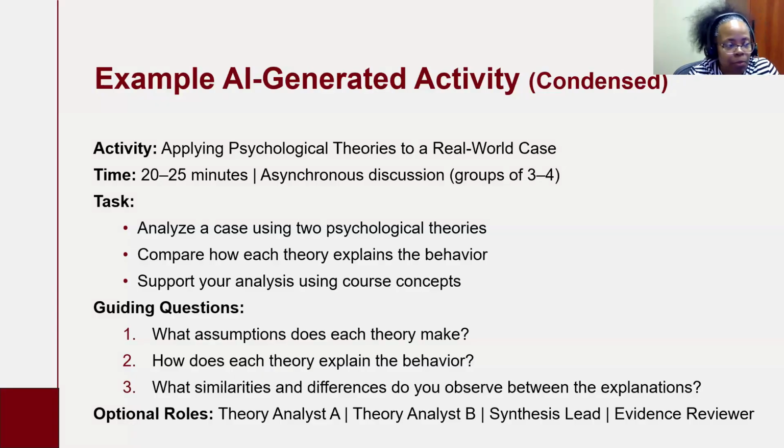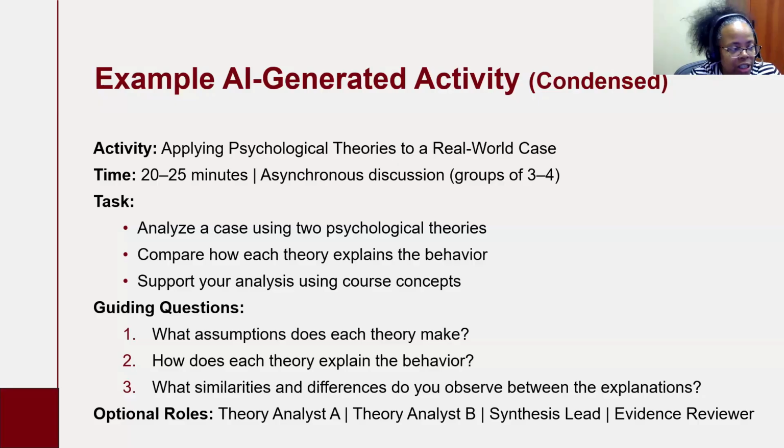So here's an example of what the AI might generate from the prompt we just reviewed. So notice the students are not simply recalling information in this activity or summarizing a theory. Instead, they're applying course concepts to a real-world case and comparing how different psychological theories explain the behavior.